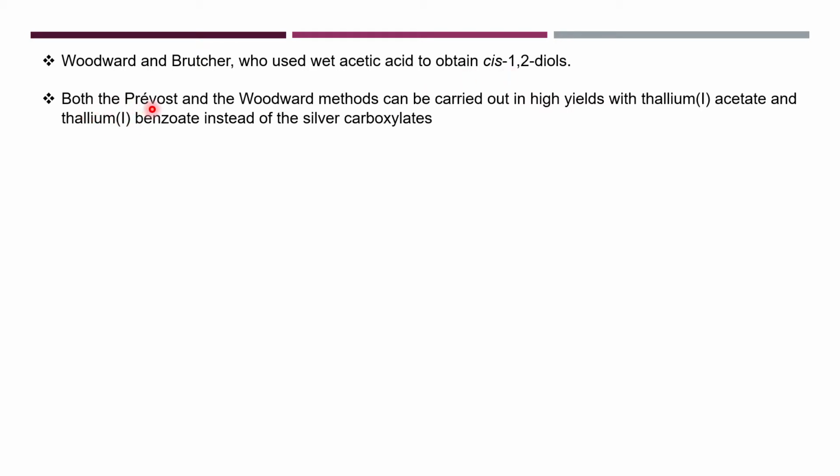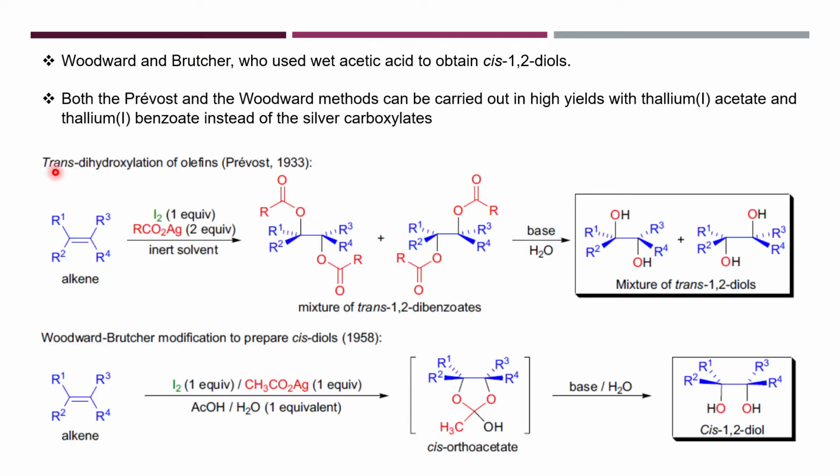Now both Prevost and Woodward methods can be carried out in high yields using thallium acetate or thallium benzoate instead of using a much more costlier silver carboxylate. Well, the scheme for the reaction over here is, let's take an alkene where all the alkyl groups 1, 2, 3, 4 are different, and as you can see we're using an inert solvent such as benzene, leads to the formation of trans dicarboxylates, and two such can be formed in the mixture.